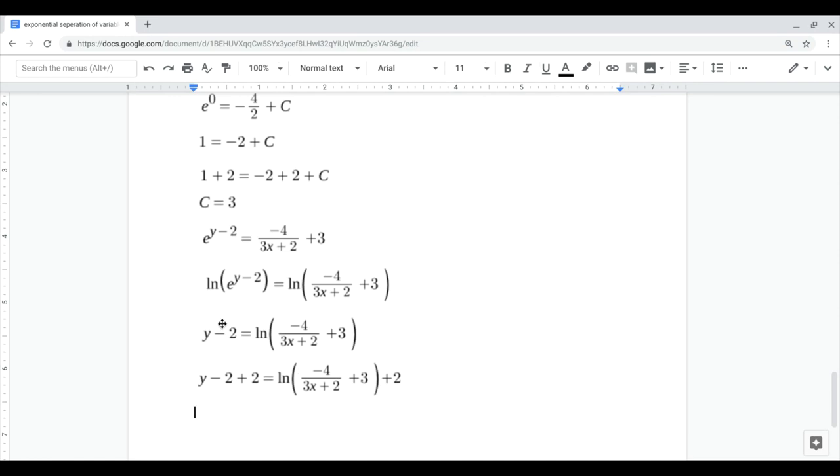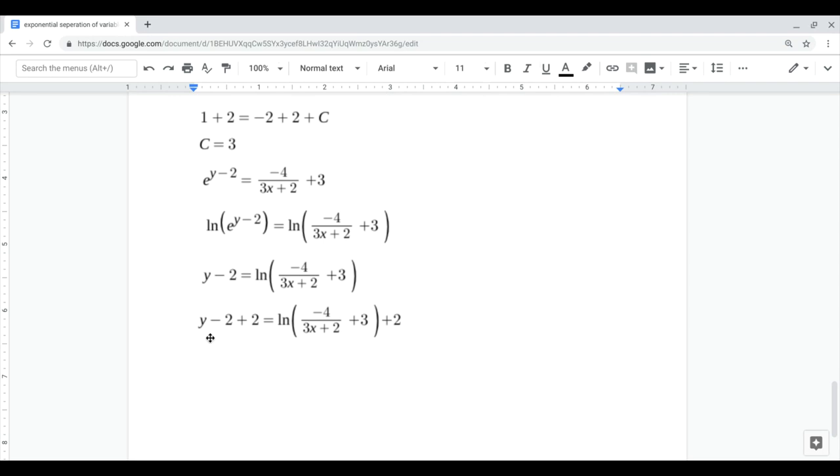And then do some simple algebra, and you're left with y equals the natural log of the quantity negative 4 divided by (3x + 2), that quantity plus 3, and that natural log is plus 2.